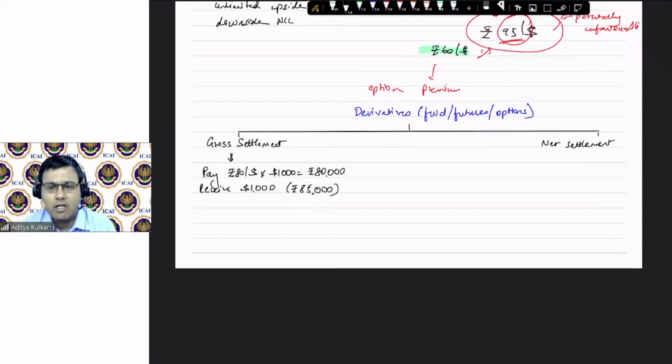There is a movement of the complete amount to the counterparty, and in return you actually have the asset getting delivered to you. So it could be any asset. It could be any commodity, it could be equity, whatever it is.